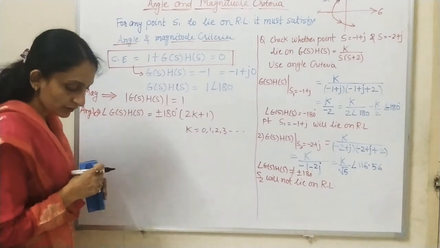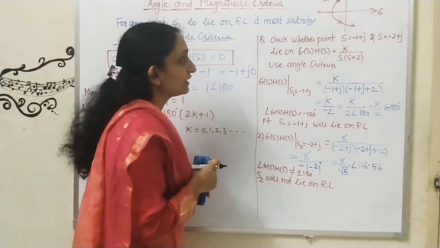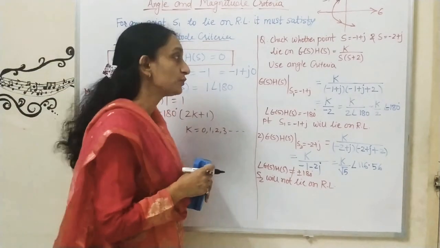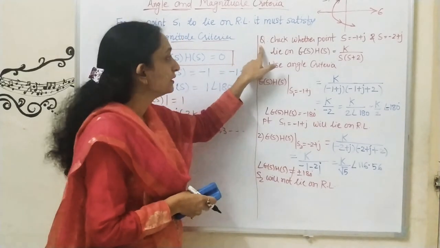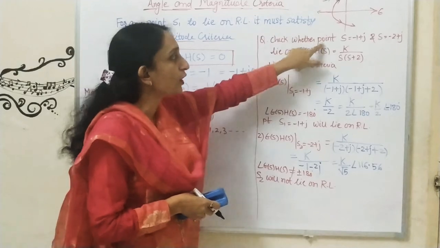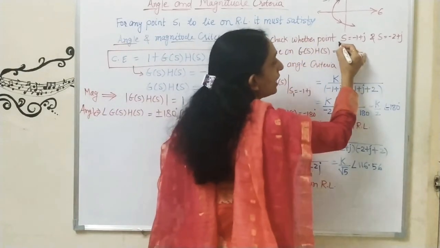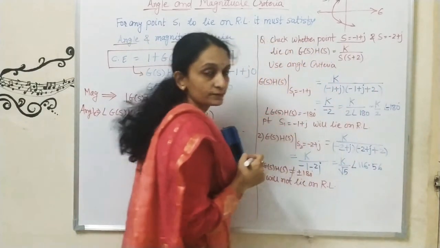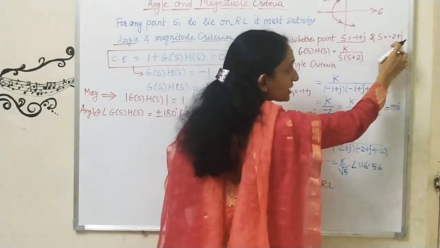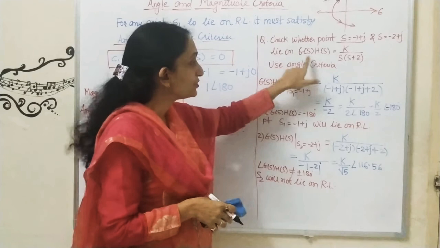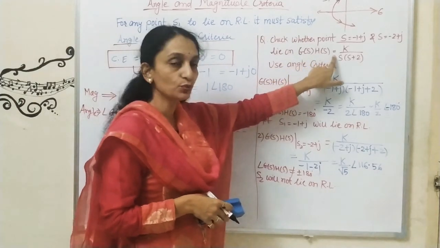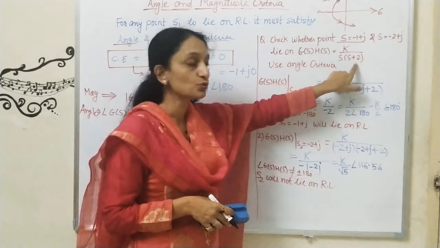We will see this angle and magnitude criteria with one example. What is given? Check whether the points S is equal to minus 1 plus j and S is equal to minus 2 plus j lie on the root locus of G(s)H(s) is equal to K upon s(s plus 2).